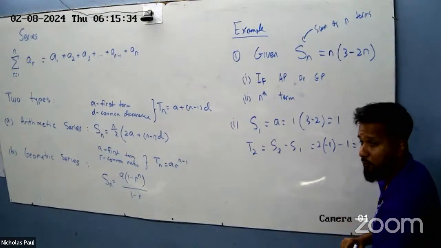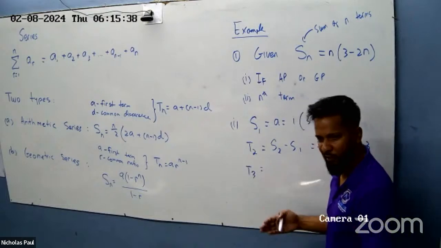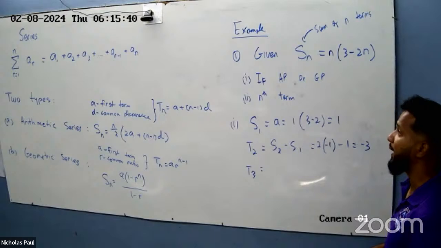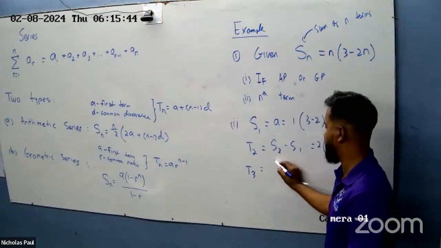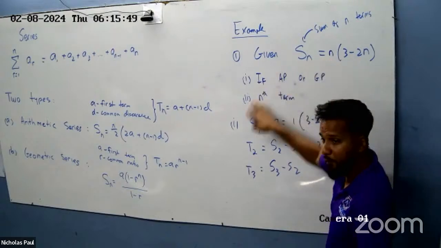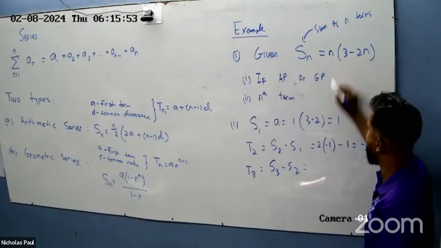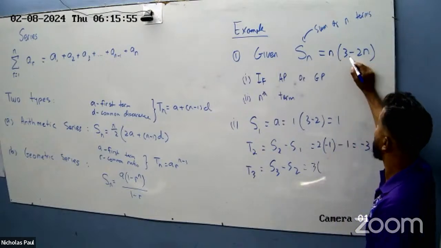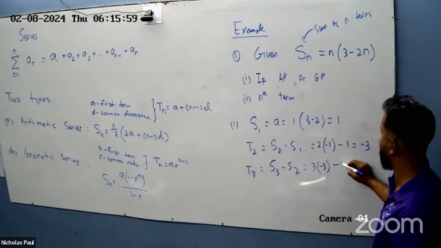How do we get the third term? Because we need the terms to kind of figure it out. S3 minus S2. So you see how we can use this formula to help us get the terms. What is S3? S3 is 3 by 3 minus 6. And then you're minus-ing S2.